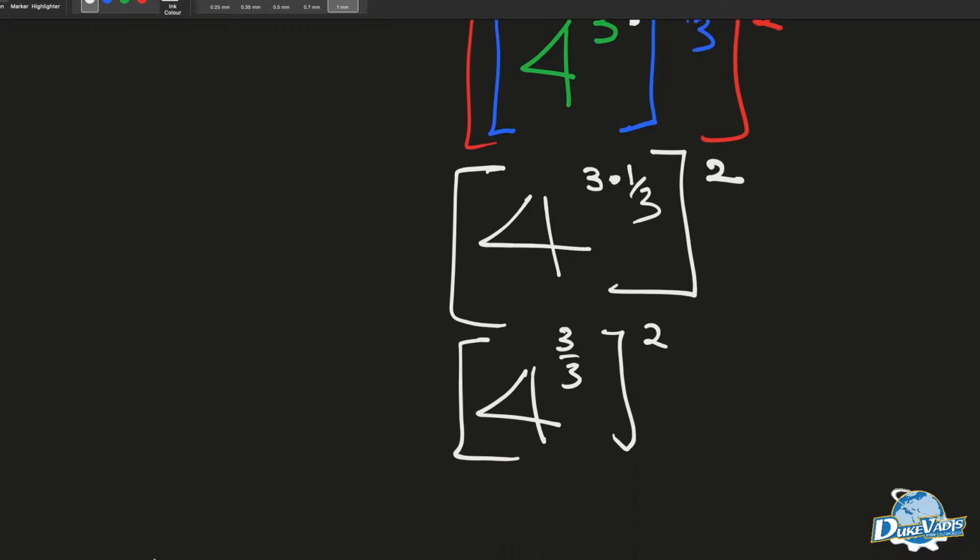But we know that 4 raised to the power 3 over 3 is 4 raised to the power 1, which is equal to 4.